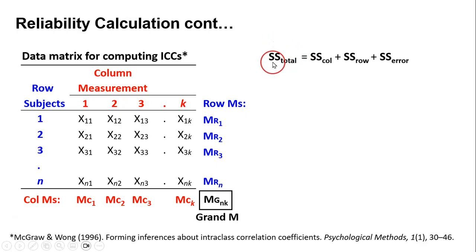SS stands for the sum of the squared differences. In most textbooks, they label this the sum of the squared deviations, but I like to use differences because it's a little more concrete. So this would be the sum of the squared differences of the total, for the column, for the row, and the sum of the squared differences error.